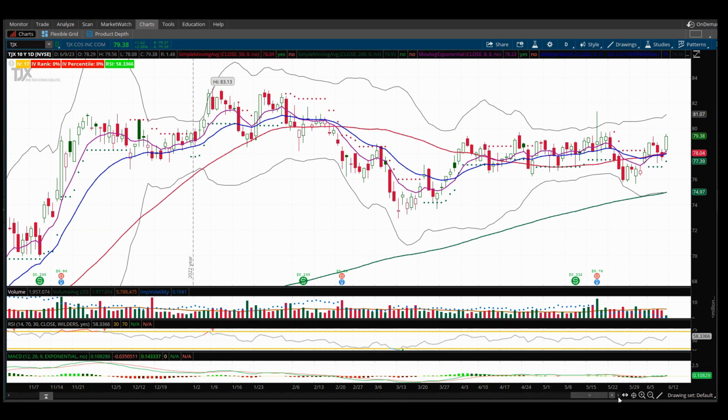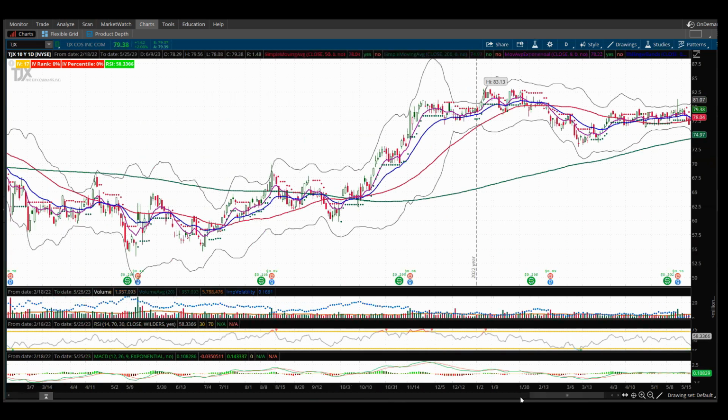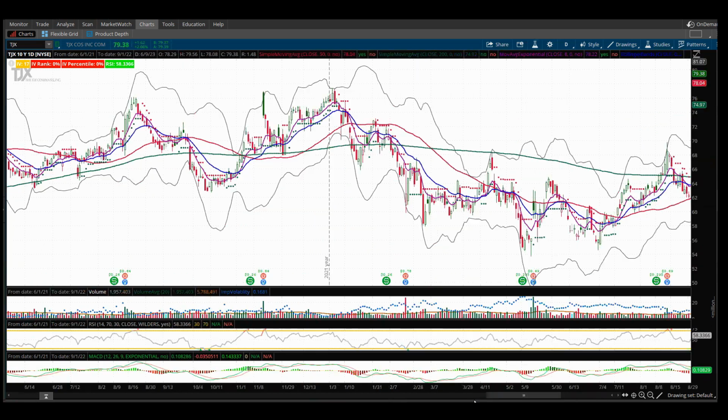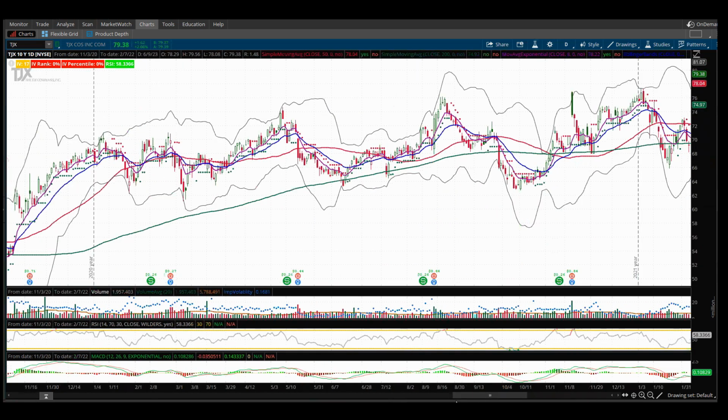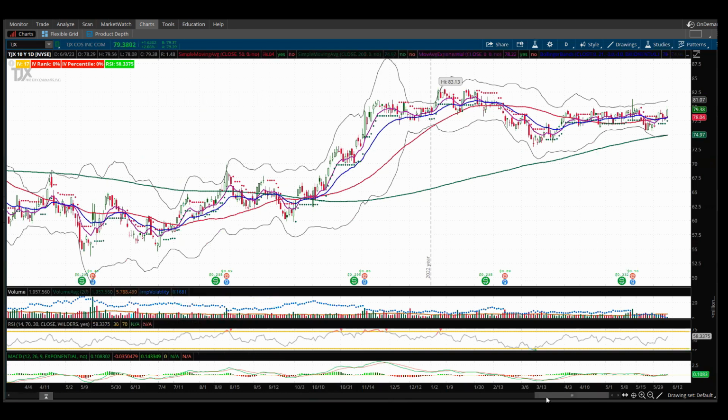Now, the reason I would look at something like this is, I don't know if I can find an example of it on this chart, probably not. But if you were to have a really big breakout, say maybe after earnings, and the stock really explodes, and you change your Bollinger Bands to 3 standard deviations, and the price is way outside of that, that's usually a good indicator that it's not going to move any farther in that direction, either up or down.